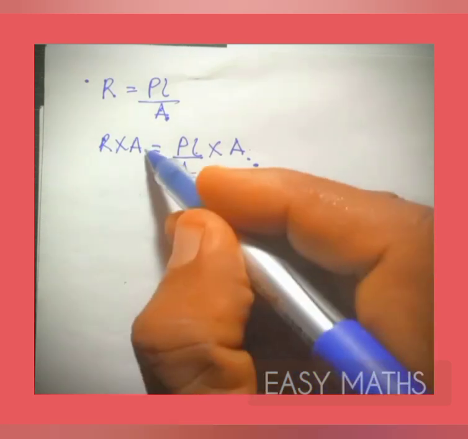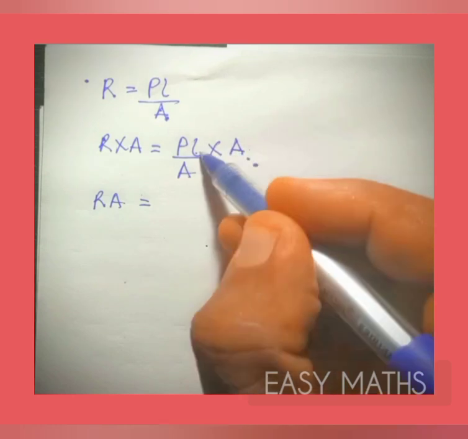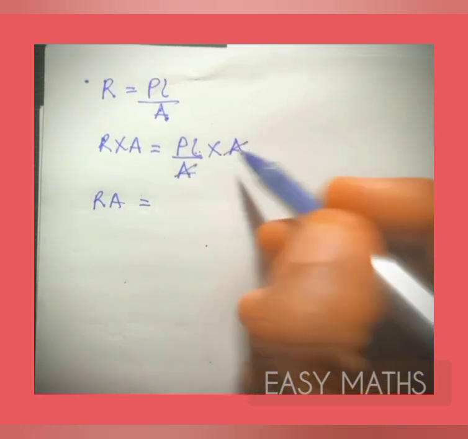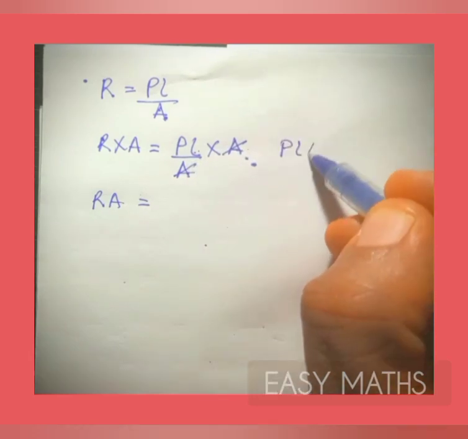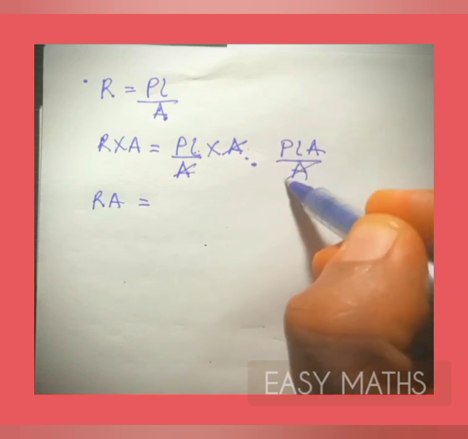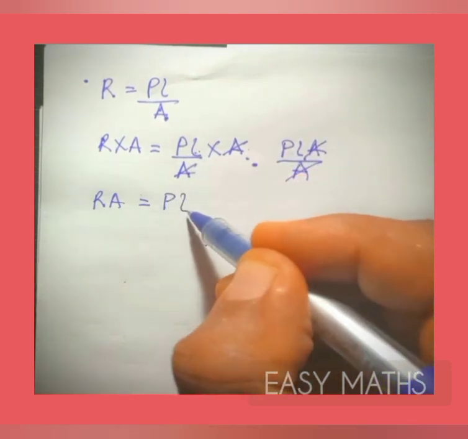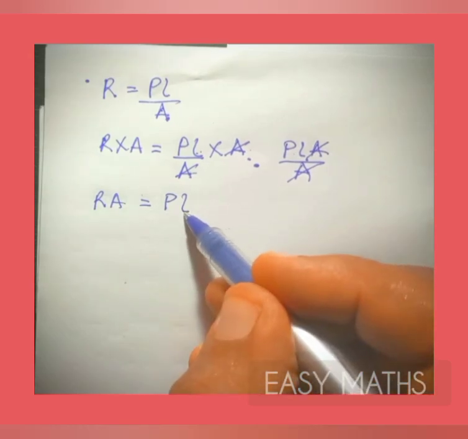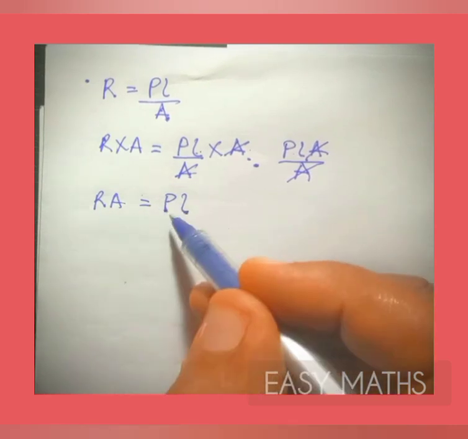Okay, so what do we have here? We have RA equals to PL over A times A. This A will multiply this, meaning that this will become a denominator that will cancel this A. Because this is the same thing as PLA over A, so A cancels A, so we have PL left. Okay, since we want to make L the subject of formula, we have to see how we can bring this to this other side.